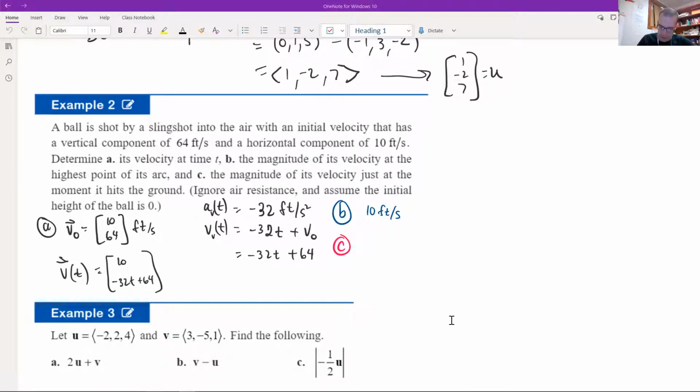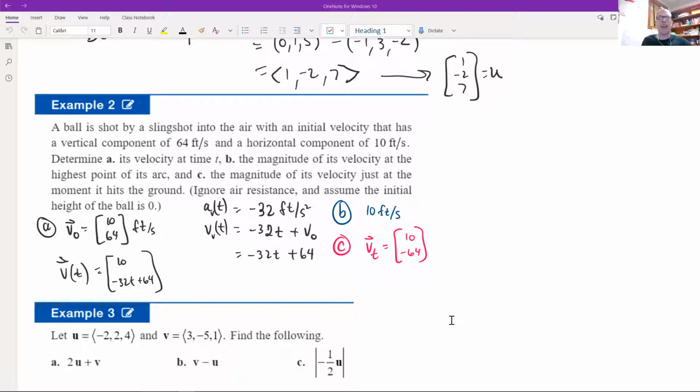But yeah, the velocity at the terminal point, I'm just going with the vector valued part of it, would be 10 still, but negative 64.